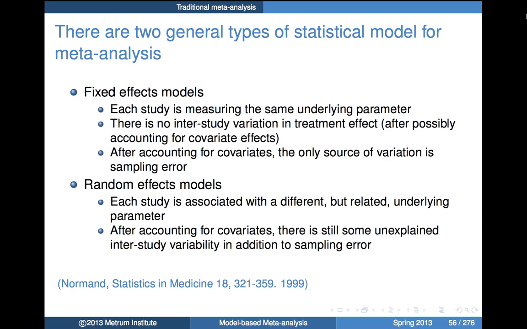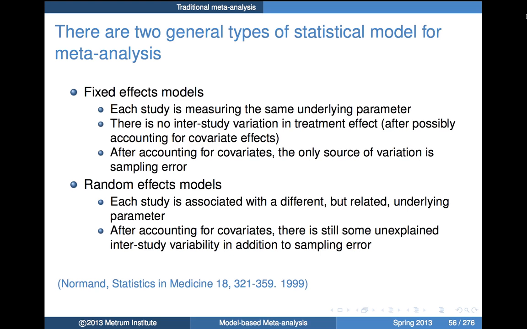And that the only source of variation between studies is that sampling error. In the random effect conceptualization of the model, we say that each study has its own different but related treatment effect, and that those are related in a hierarchical fashion in the same way that we do in terms of multi-level or PK/PD models, where we'll have a study level effect, and then conditional on that study level effect, we'll observe something within a particular study.